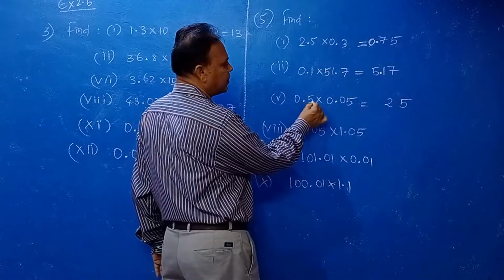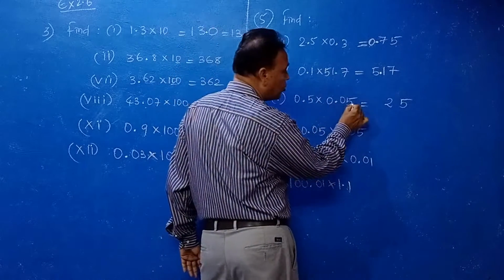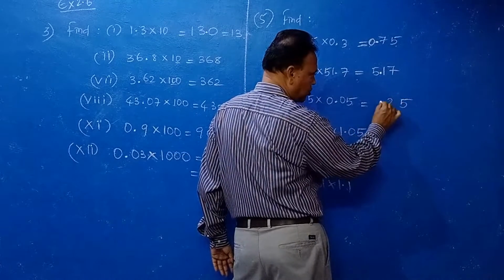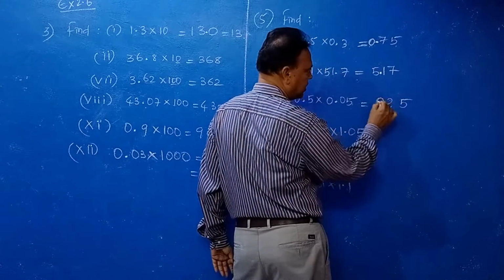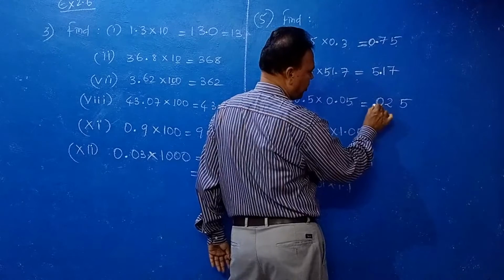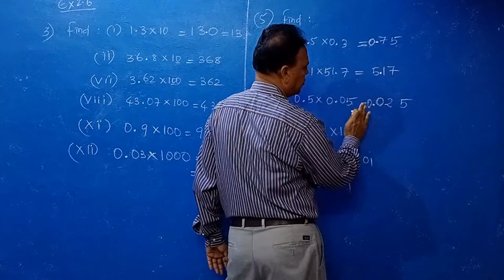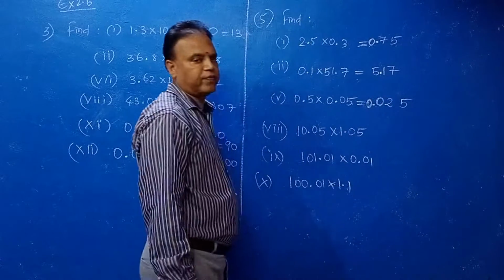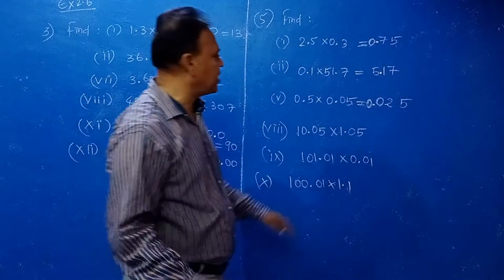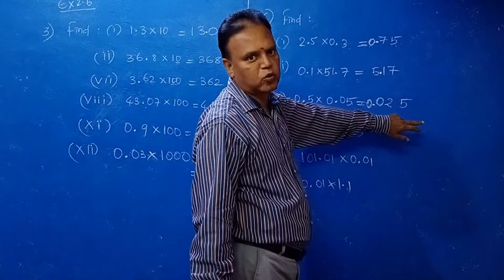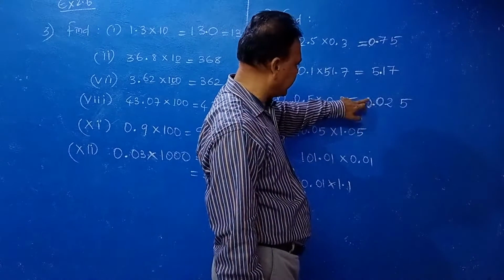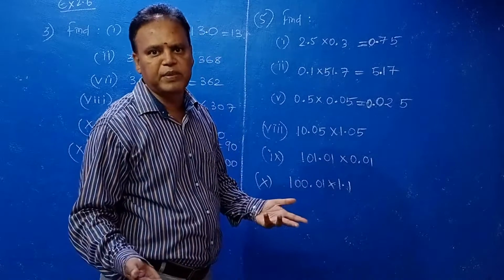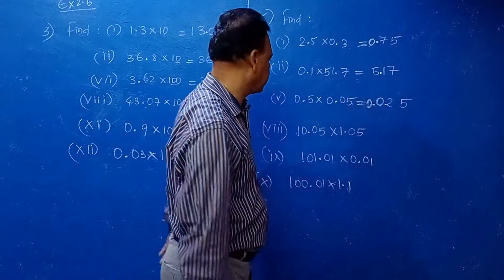Now after the decimal, one digit here, two digits here, total three digits. You have to leave three digits, but here only two digits are there, so you add one more digit and keep the point. 0.025. You can simply write 0.025. Where there is no integer, you write 0.